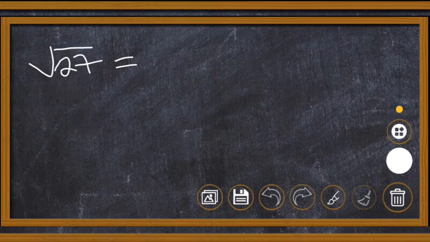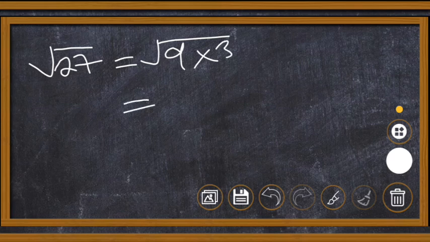So what values can you multiply for you to have 27? We know 27 is a result of the multiplication of 9 multiplied by 3. And by the product rule, we know this is the same as root of 9 multiplied by root of 3.